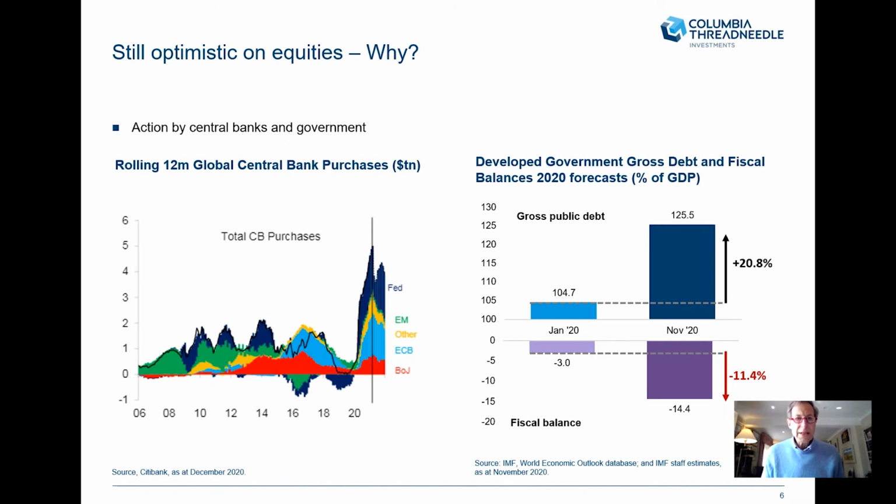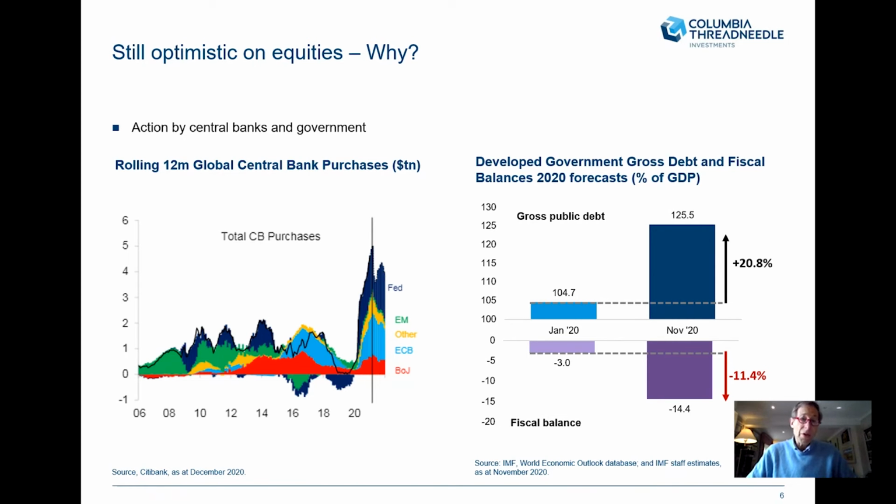Let's look at how we see things today. We still like the outlook for equities, and I've got 2 slides showing the main reasons for that. The first is this one, which I think really is the main factor that has kept us optimistic on equities: the huge action by central authorities, central banks and governments, to make sure that this pandemic didn't kill off economies.